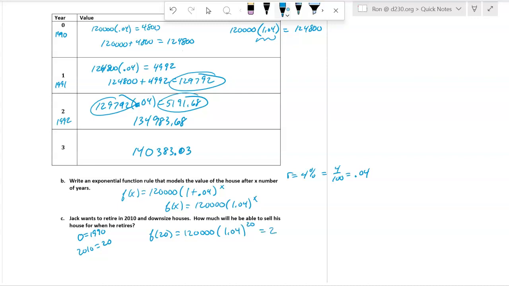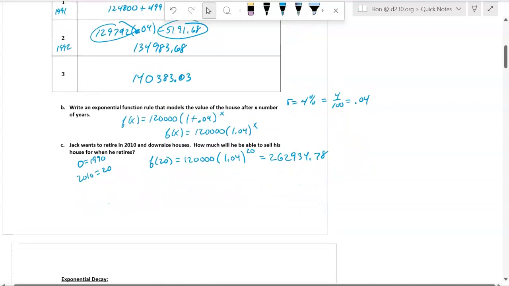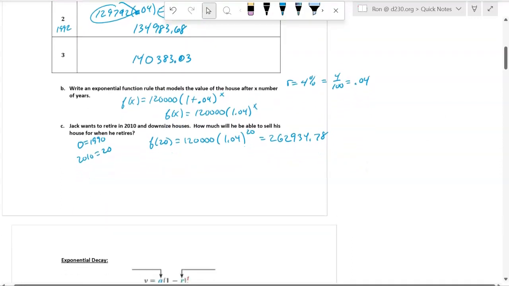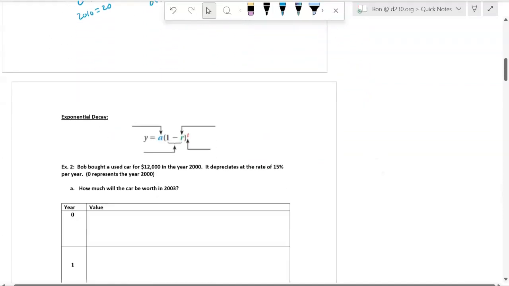And this would give me, oops, sorry, $262,934.78. Okay, so know and understand that when it's appreciating or going up in value, we use 1 plus the rate.